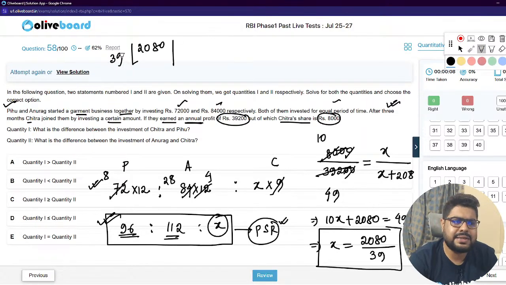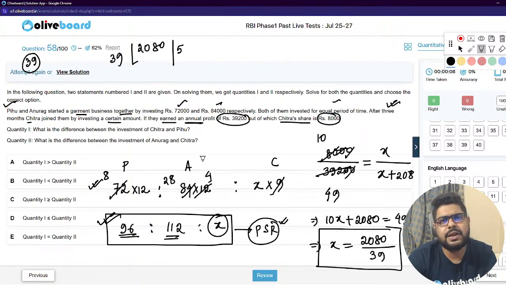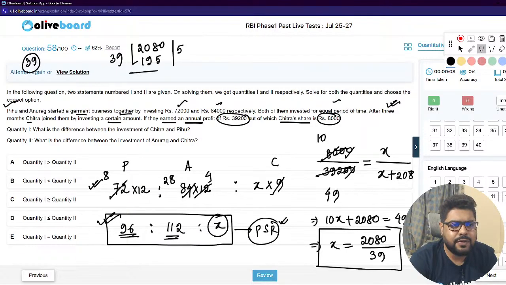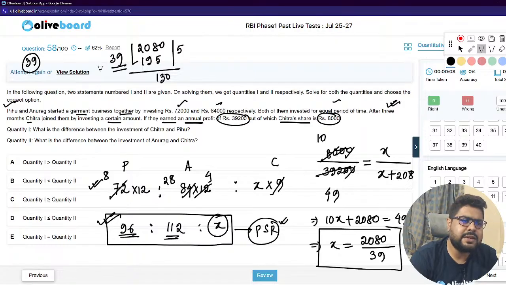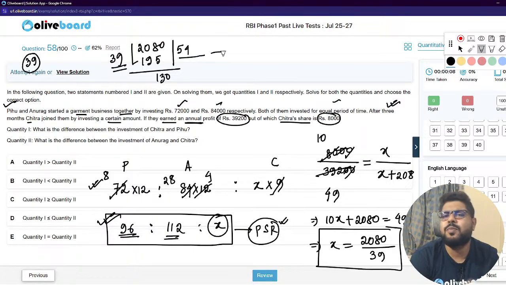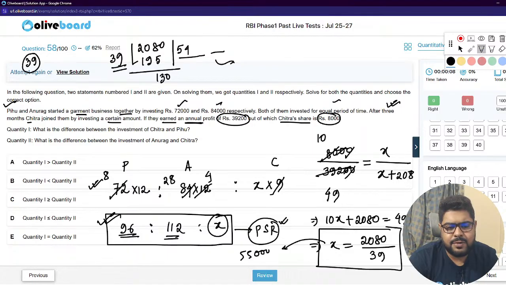Let's see a little. Let me do it by 5. 5 into 39, 5 into 40 is 200, so 5 into 39 is 195. So this will be 40, 44. So 54 point something, almost 55 rupees. Meaning the value of x will be almost 55,000 rupees.